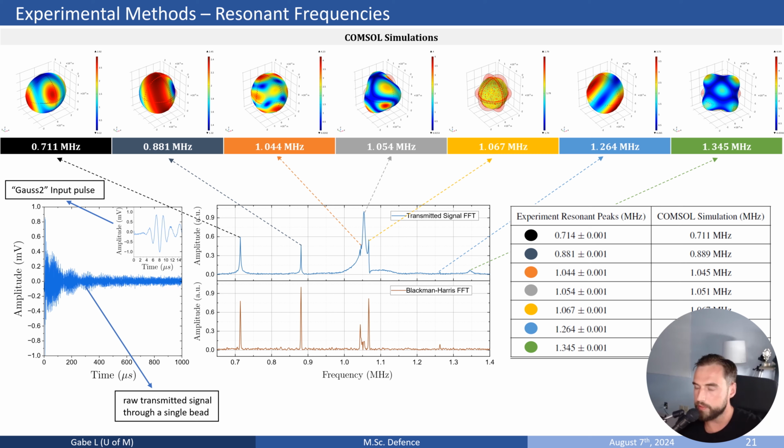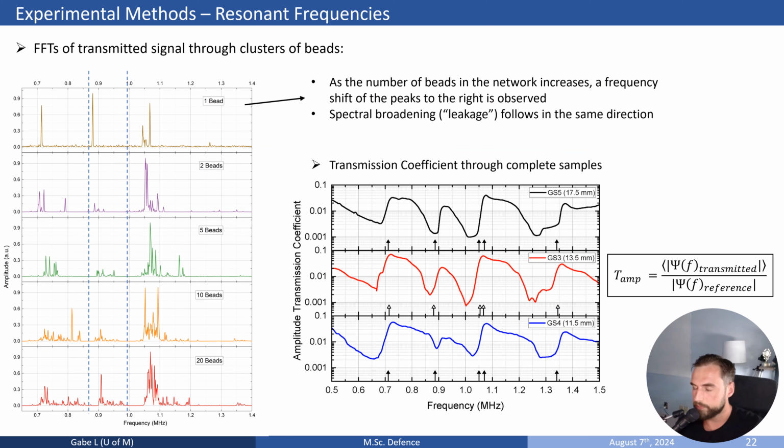A few of these modes have a degeneracy of up to 6 or 7, which is why you might get some spectral leakage in certain instances. Our good agreement between the experimentally measured and the COMSOL simulated frequencies allowed us to visualize this with good confidence.